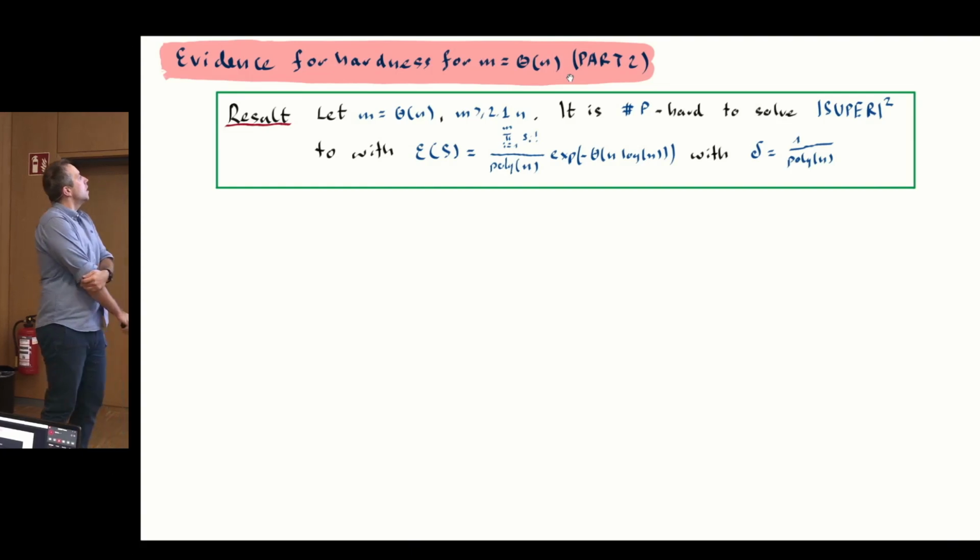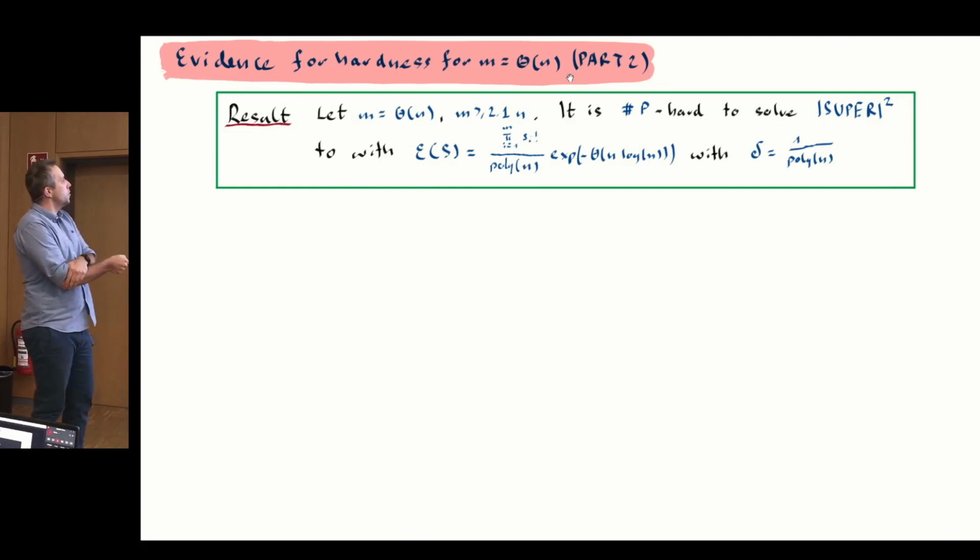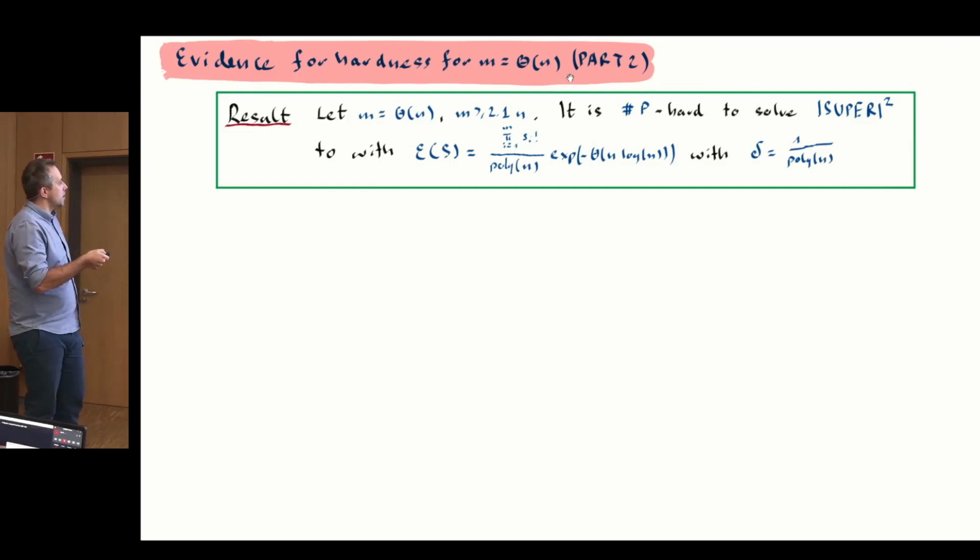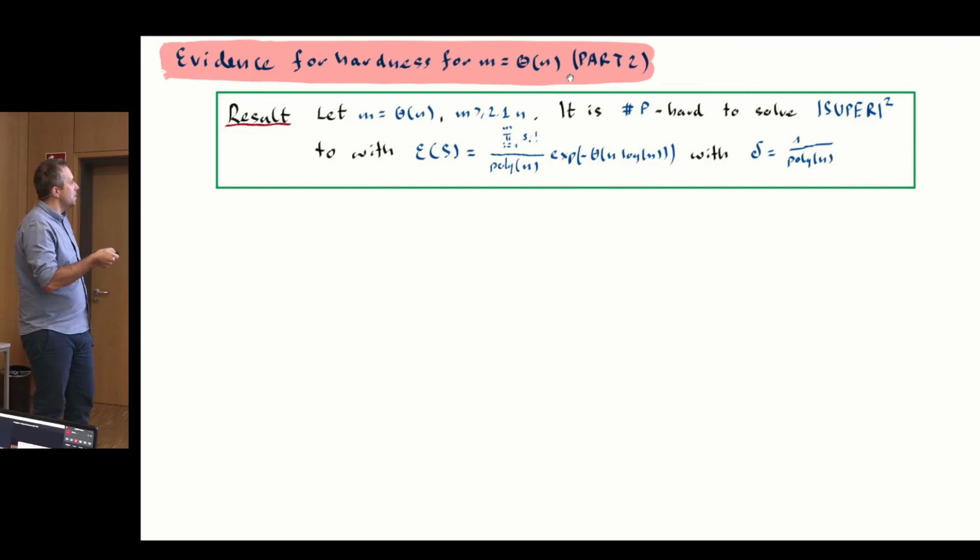So we prove that it is sharply hard to solve this super problem with additive accuracy to an error which is smaller than what was in the previous slide, what is needed for the conjecture. So it's like x n log n.